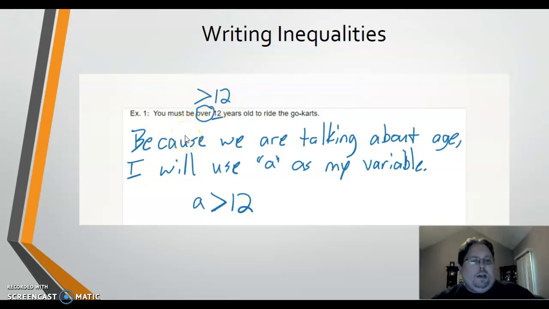Because we're talking about age, I will use a as my variable. So when I write my inequality, I'm going to start with my variable: a is greater than 12. In all of your examples today, you're going to have your variable on the left side first, then your inequality symbol, and then your number.